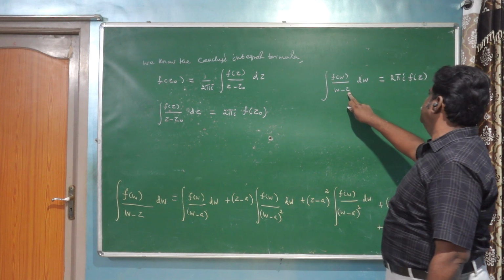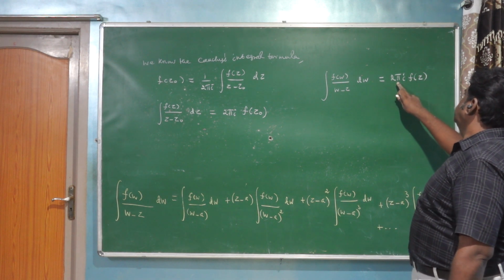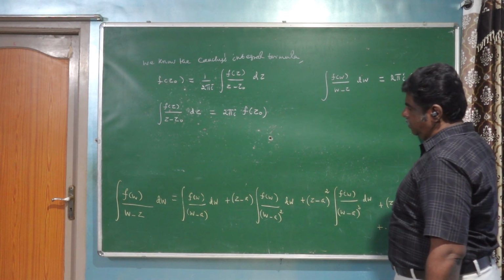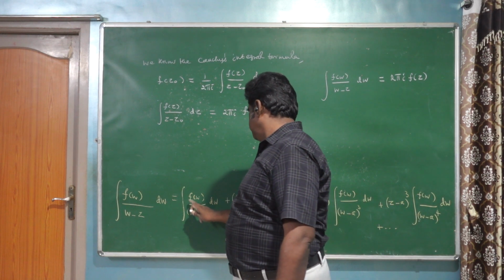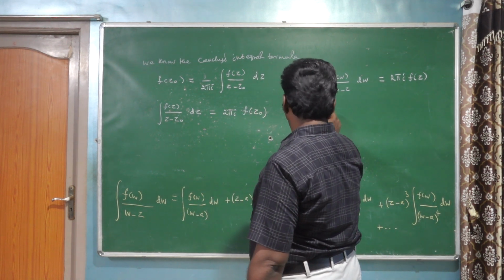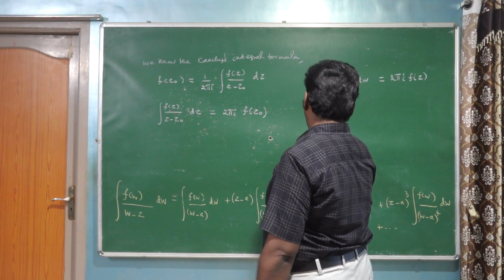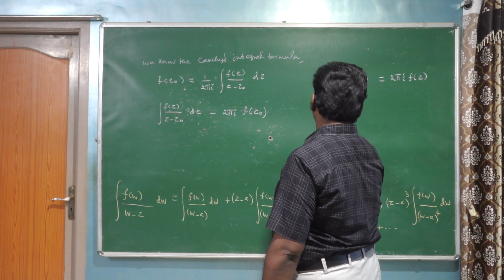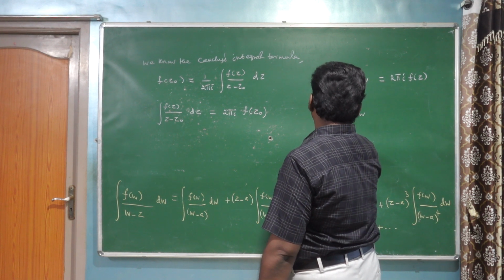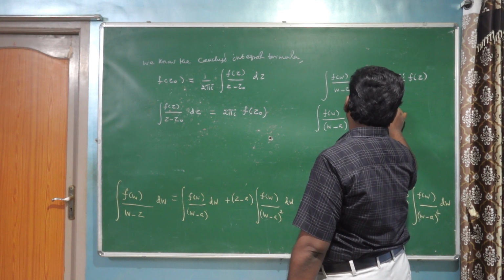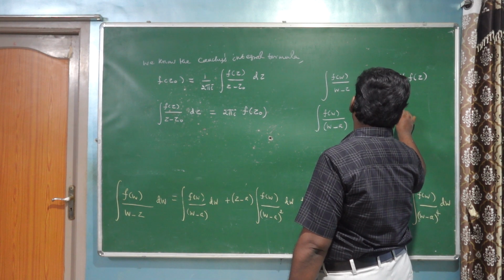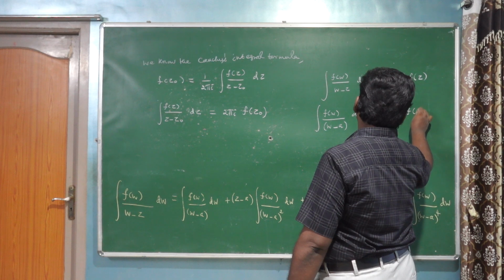Here the subtracting term is z, so 2 pi i into f of z. In the same manner, the value of integral f of W divided by W minus A into dW, which is equal to 2 pi i into f of a.